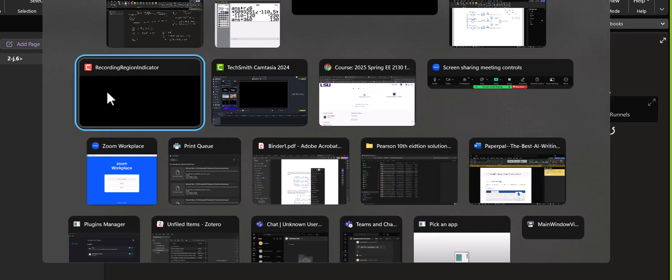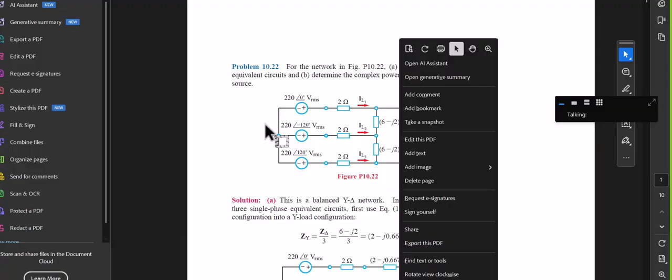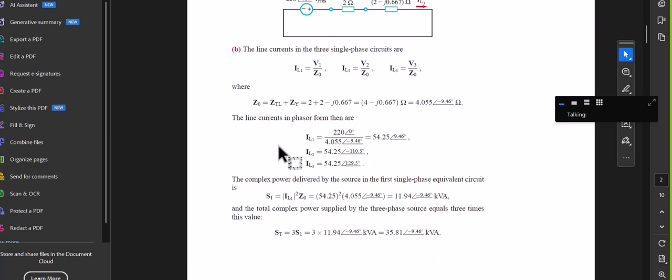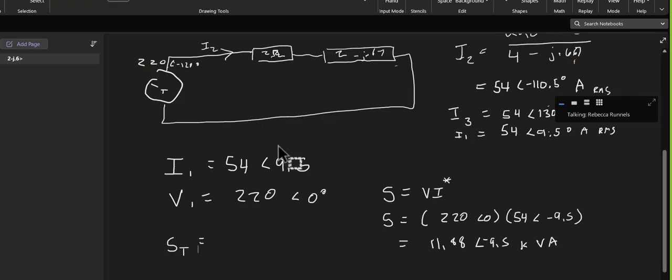I think the angle is the same as the first phase. Yes. So the angle will be the same as in the first phase. And so you multiply it by 3.